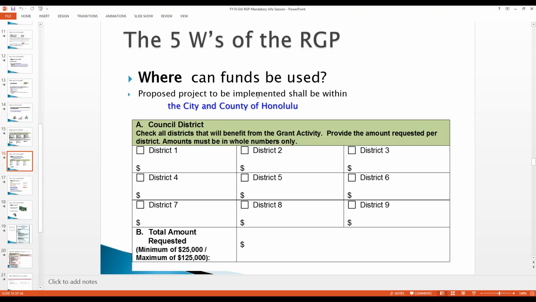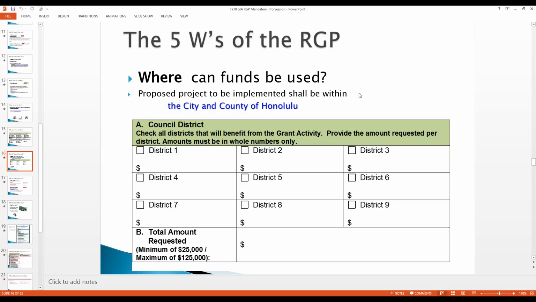Proposed projects to be implemented shall be within the City and County of Honolulu. So only the services or activities conducted on the island of Oahu will qualify. No other island qualifies for the Grants in Aid.